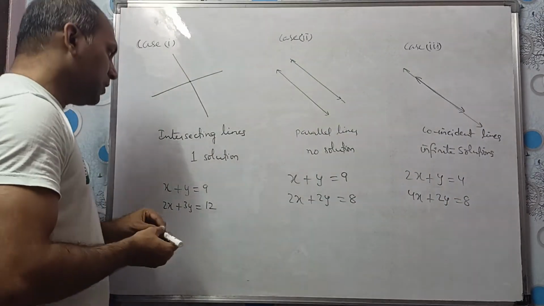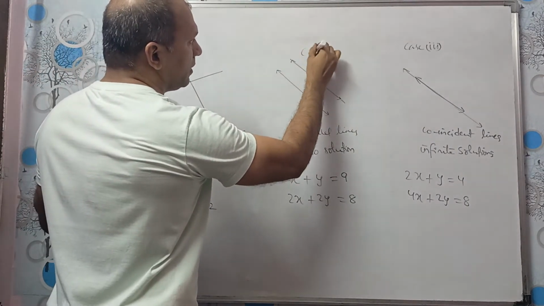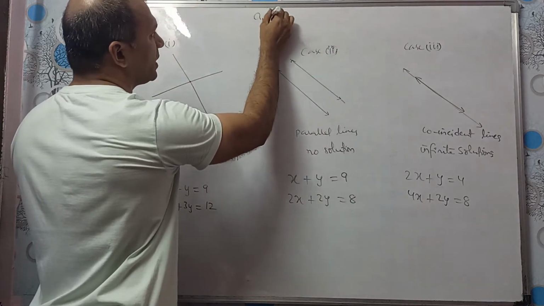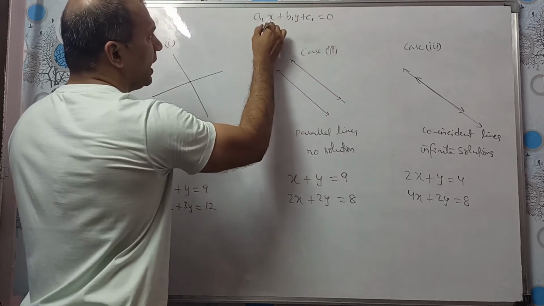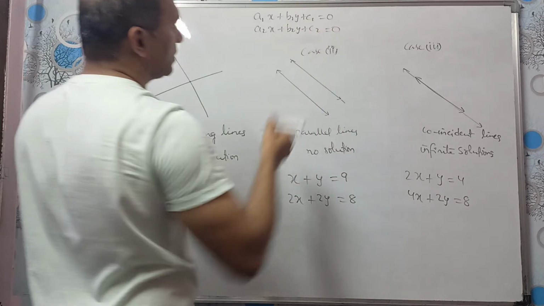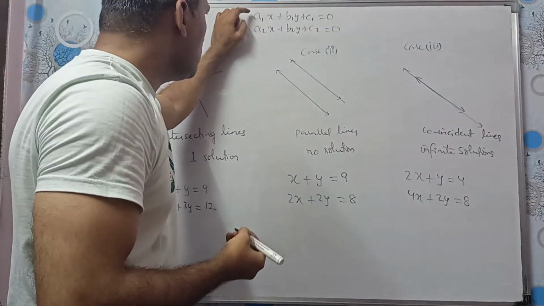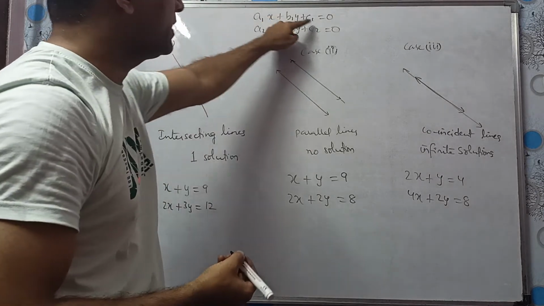Now, see, this is case 2. If you consider two equations, a1x plus b1y plus c1 equal to 0 and a2x plus b2y plus c2 is equal to 0, these are the general forms of the equation, right? Now, we should divide the coefficients of x, coefficients of y and the constant numbers.